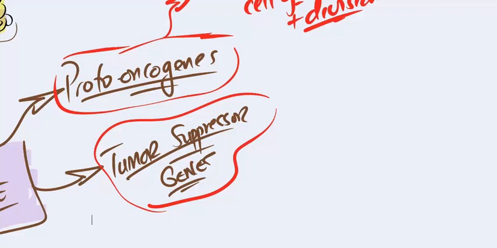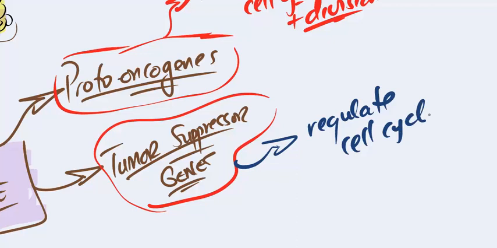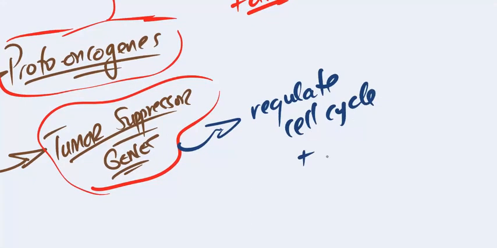And they can also regulate the cell cycle, preventing progression into it. They regulate the cell cycle, and they promote apoptosis.